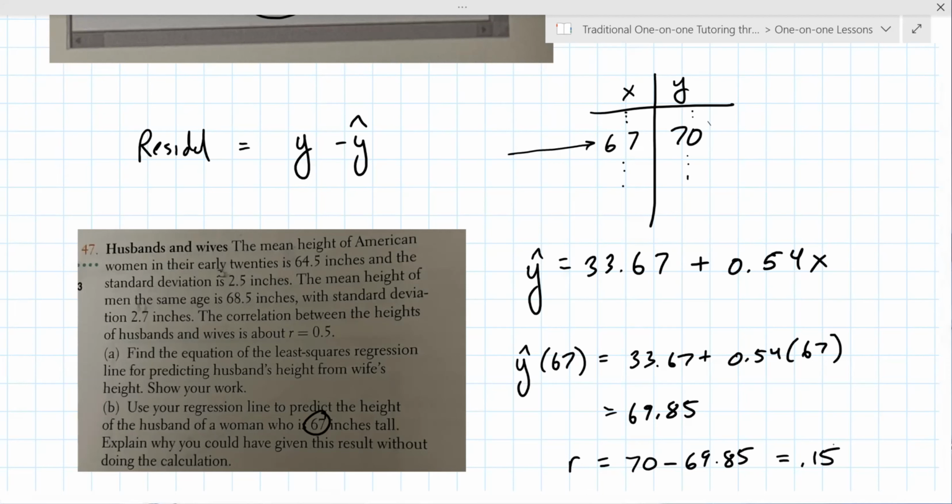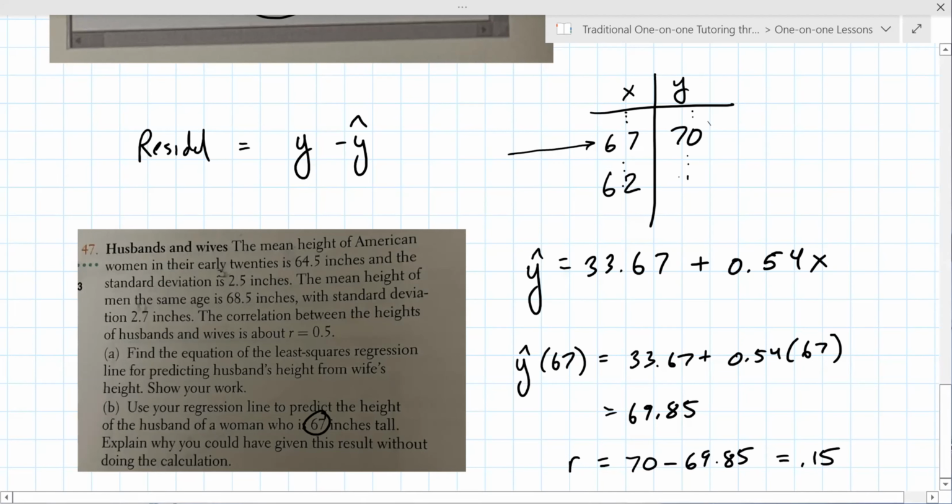But you can only do it if you have a value in the data table. Like if you had 62 and 68, or 71 and 75, none of those are helpful because you want the one that's your input. But they could ask you for the residual of any one of the inputs.